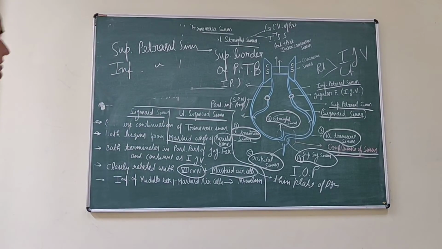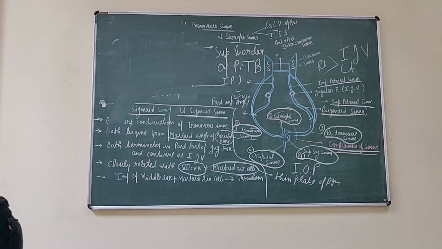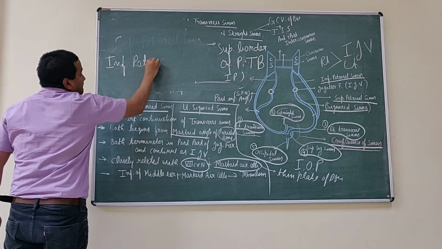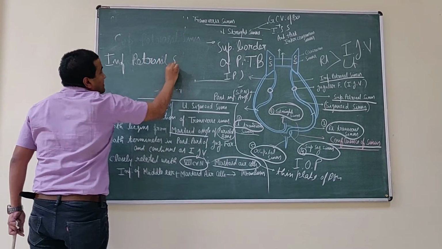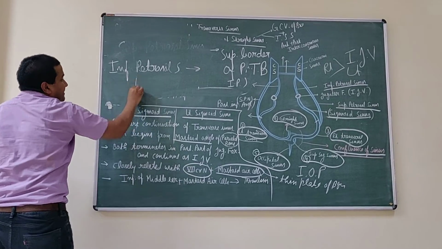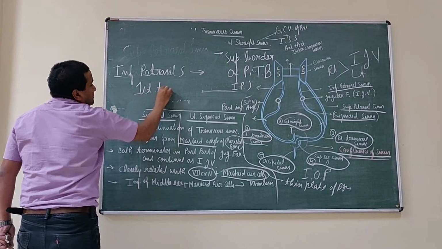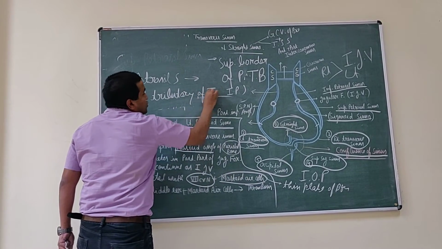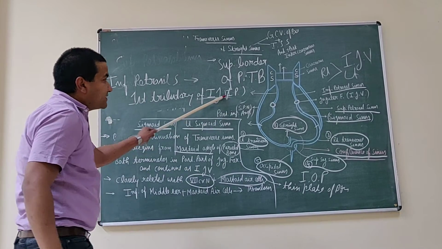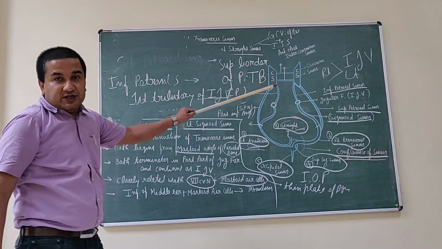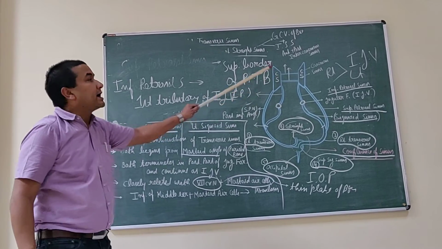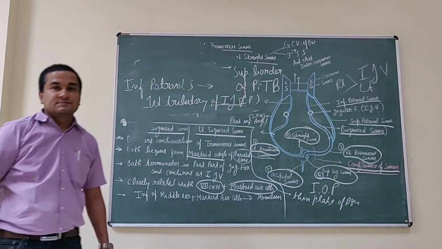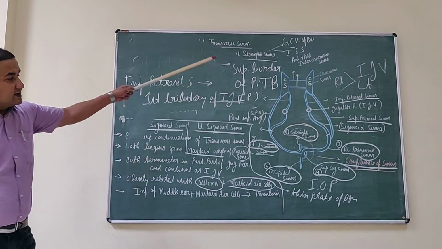And one feature: this is considered the first tributary of the internal jugular vein. It drains into the internal jugular vein, and thus the internal jugular vein is connected with the cavernous sinus via this inferior petrosal sinus. This is about the remaining sinuses.